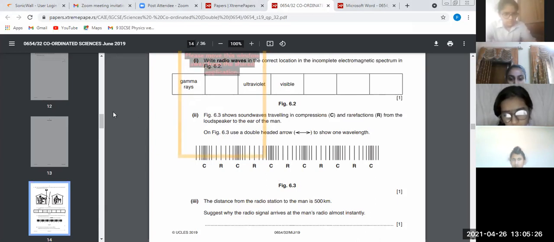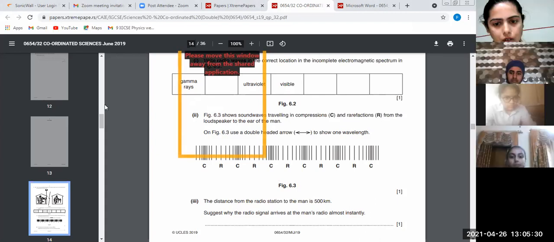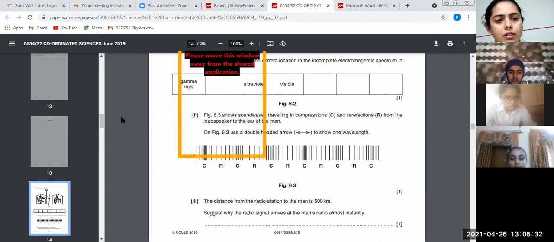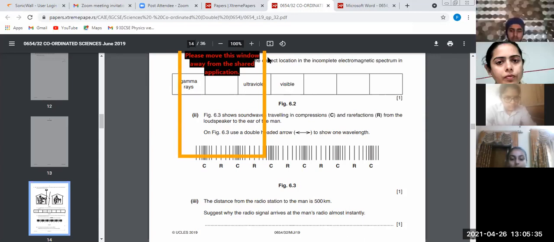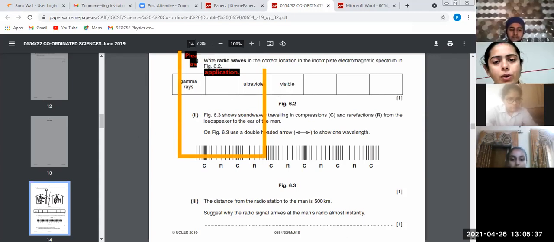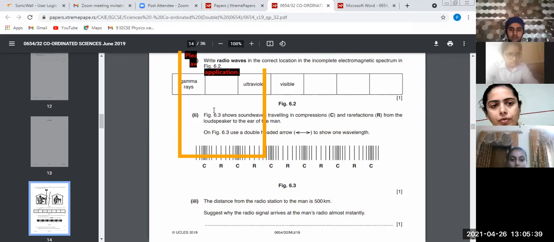Are you able to do this? Okay, no. Who else is going to try it out? Anji Navjot, please go ahead. The diagram is all there onto the screen. Kindly draw one wavelength.